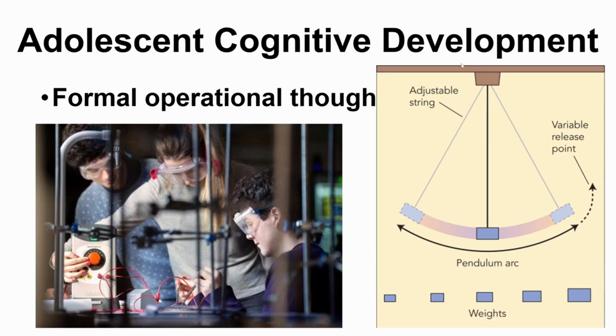And you have a bunch of different weights and a bunch of string lengths, and they get to trial and error the optimal solution for the problem. We don't need the specifics of that, but there's all sorts of these types of tasks where they give you a bunch of variables, a bunch of things you can manipulate, and they look at the process that you use. And often we end up seeing that they'll follow a very structured way of trying all of the possibilities.